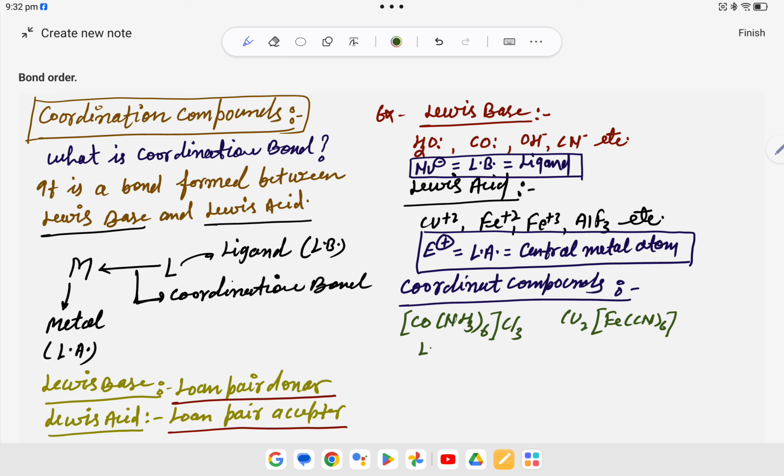What is the Lewis acid here? Lewis acid is the central atom, cobalt. Lewis base is the ligand. So what is the ligand attached here?